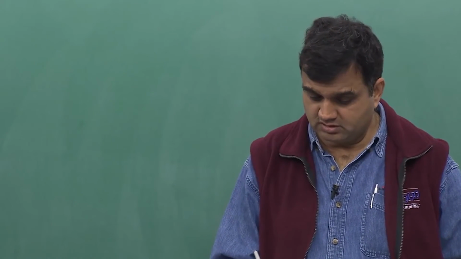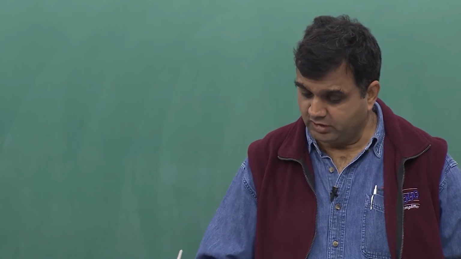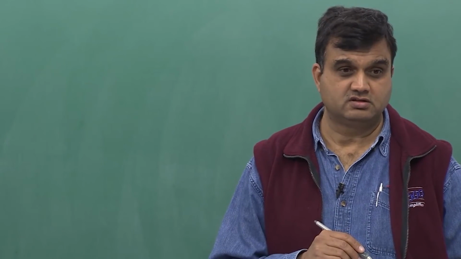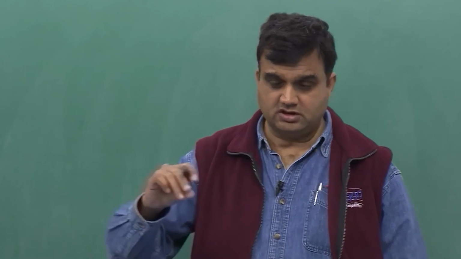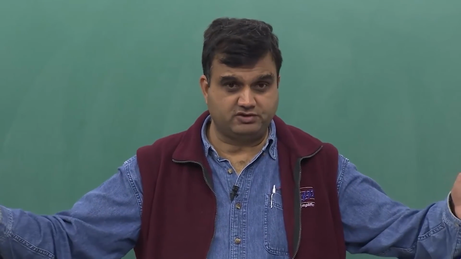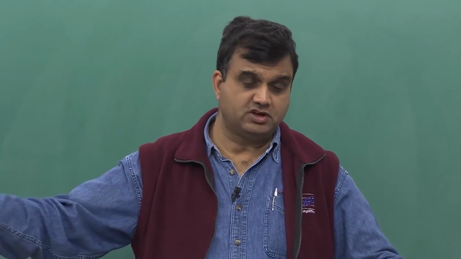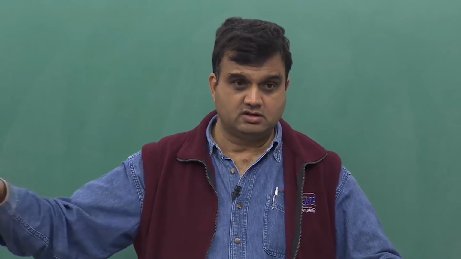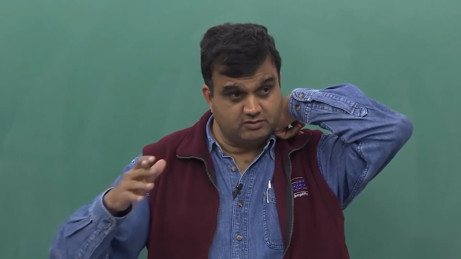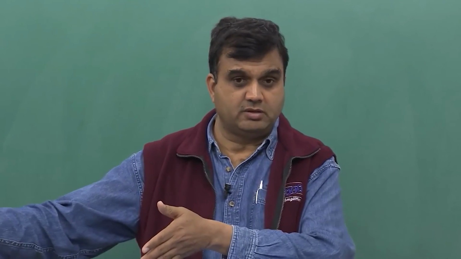If I am choosing phi 1 as this, phi 2 as this, and I am going up to phi n, I cannot say that I will not choose phi 3. Whatever comes in the natural sequence of things, I have to choose that complete set of functions, because if I do not choose a complete set of functions, I may inject some inaccuracies in my solution.